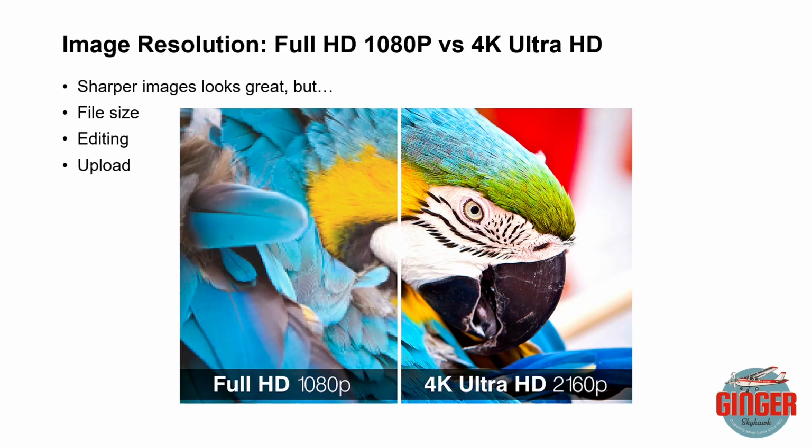It gives you really good images. It also gives you smaller file sizes. It's a lot easier to edit, and because the files are smaller, it's a lot easier to upload when you do eventually go to upload it to wherever you're going to put it. So for me, I like full HD 1080p. And there's no one saying that you can't shoot in 4K and then downgrade your resolution to 1080p.